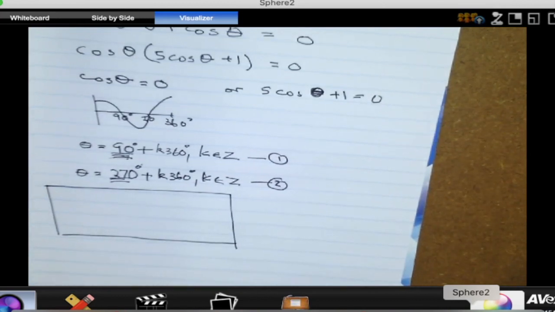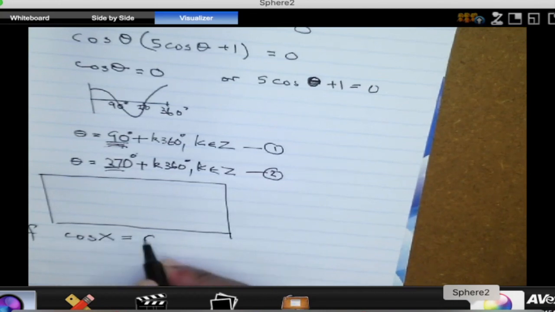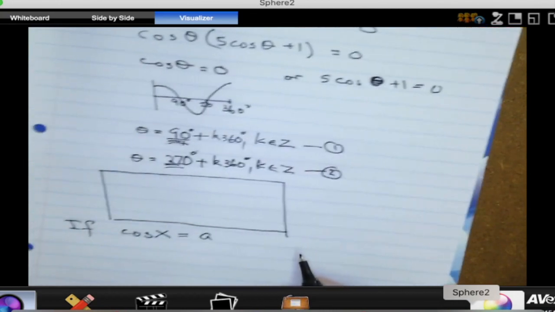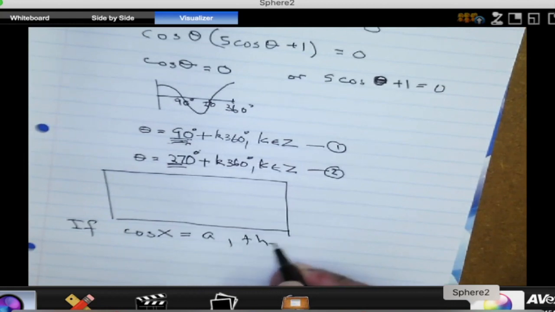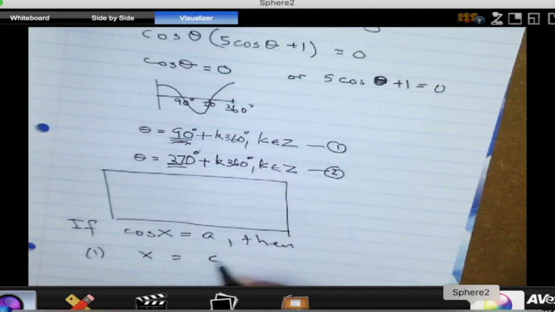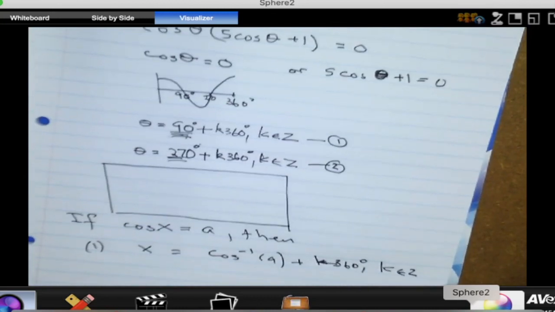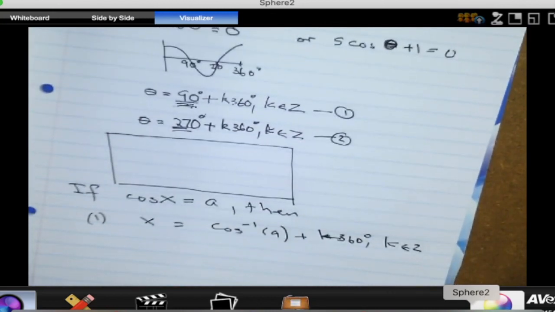So let's generalize. If cosine of x is equal to a, then number 1, x will be equal to arc cosine of a. That is one of the angles, right? That's shift cosine of a, obviously plus k 360, where k is an integer. But that won't be all.